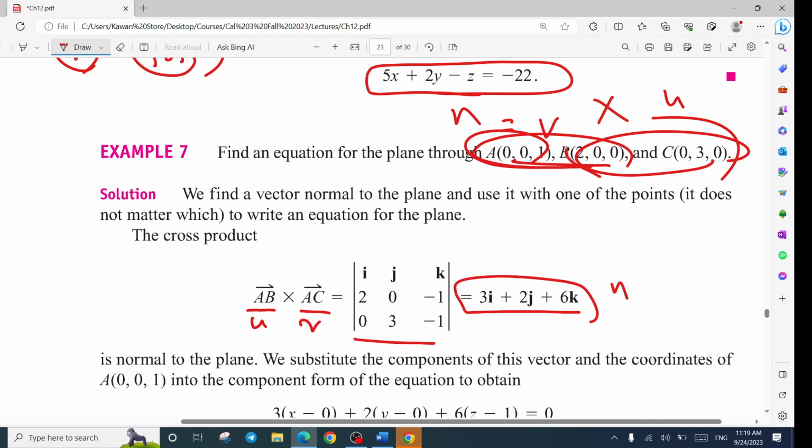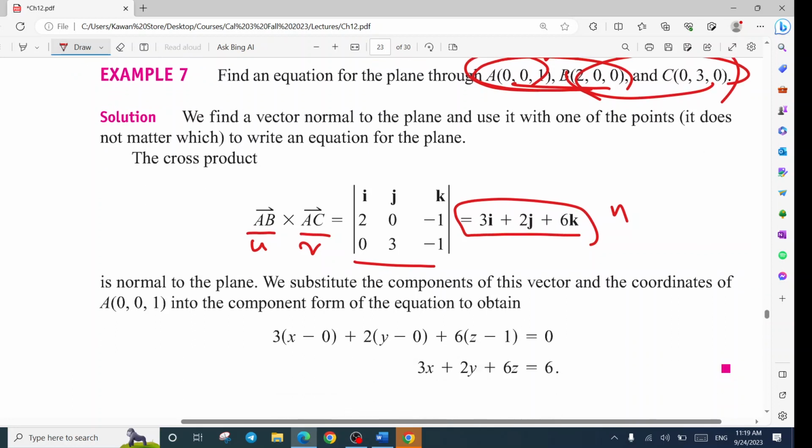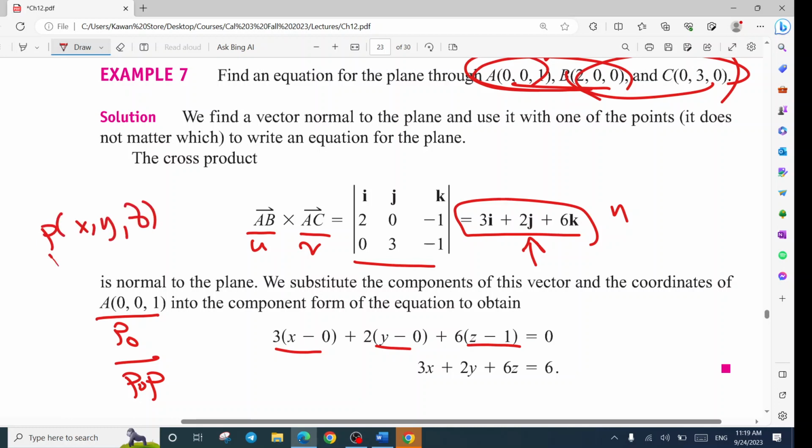Dears, please write these notes. Then I have P naught with n, and I know how to make P naught P. Here's P naught P. Tamam. Can I do it for you? Or clear? Clear, good. So P is x, y, z, general, and P naught is 0, 0, 1.